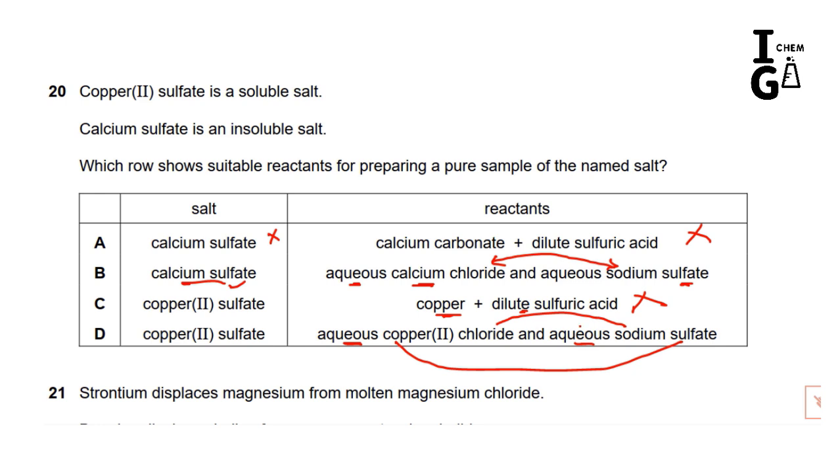This is a mixture of soluble ions together, so this is not correct. Also, this is a wrong answer. The correct answer should be B, because in B we have an insoluble substance, calcium sulfate, and sodium chloride, which is soluble. So we will have a pure sample of calcium sulfate.